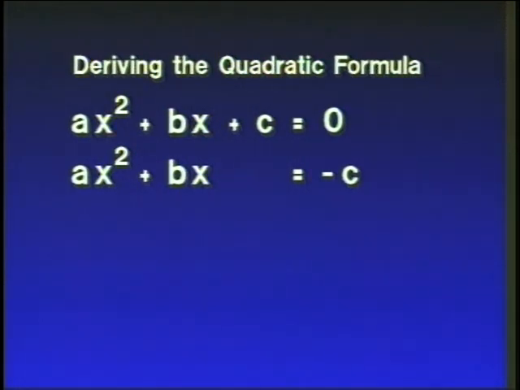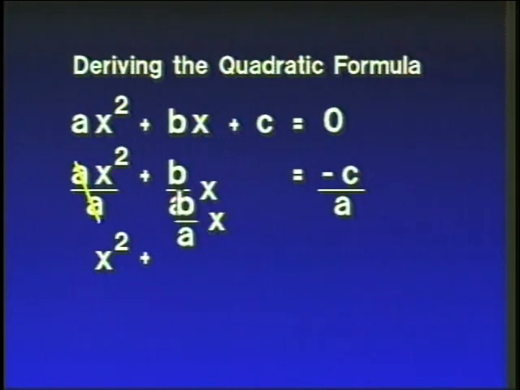Now the method of completing the square only works when the leading coefficient is 1. So to clear that leading coefficient of a, we'll divide throughout by a. Now we get the cancellation as expected in our first term, so we'll bring down the x squared. Now bx over a we'll write as b over a times x to show the distinct coefficient of the x.